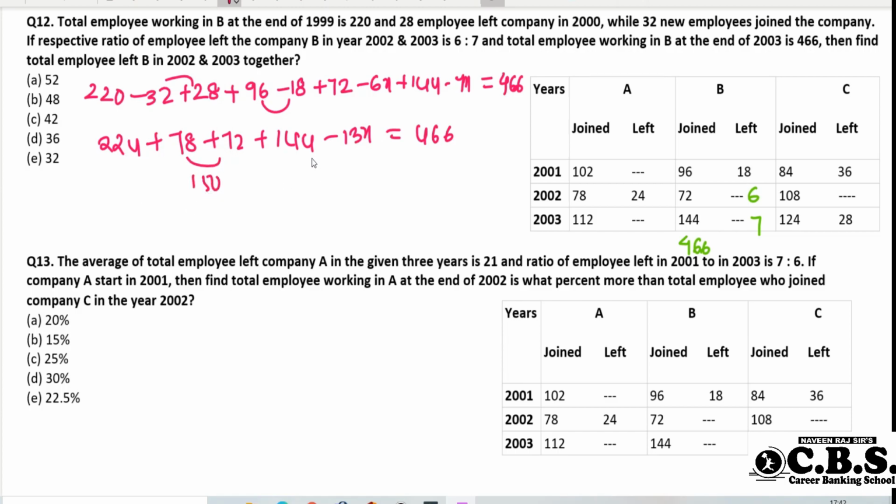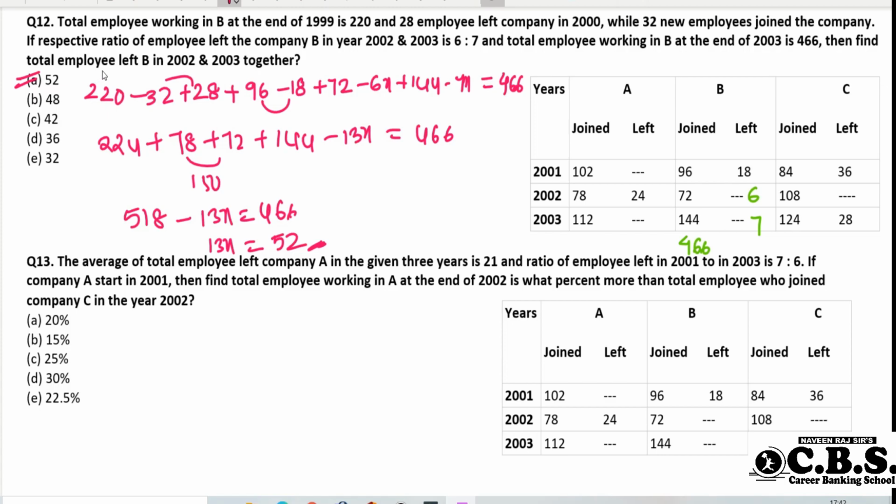So 4 plus 4, 8, it is 518. 518 minus 13x is equal to 466. Okay, clear? Now 13x is equal to how much? 52. So 13x is the total value, so your answer is 52. Which option is the right answer? Option A is the right answer. 8 minus 6 is 2 and 51 minus 46 is 5. So what's your answer? 52 is the final answer. So which option? A is the right answer.